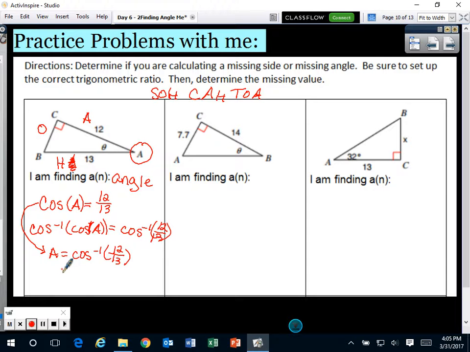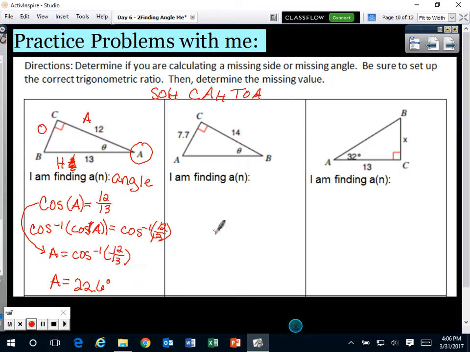From there, I just type it into my calculator, hit the second button, the cosine button, and then 12 divided by 13. And we get A is equal to 22.6 degrees, since we're talking about an angle. All right, that's all we had to find. That's the only one that gave us a variable, so that's what we're looking for on that one.